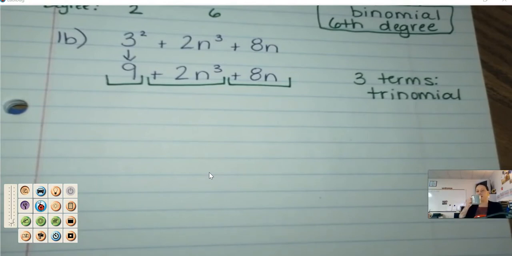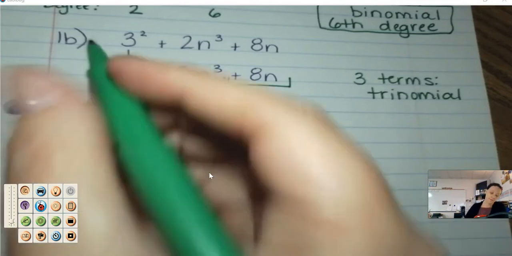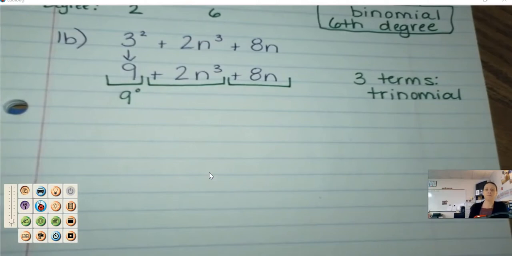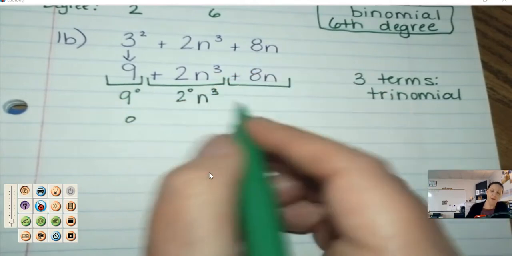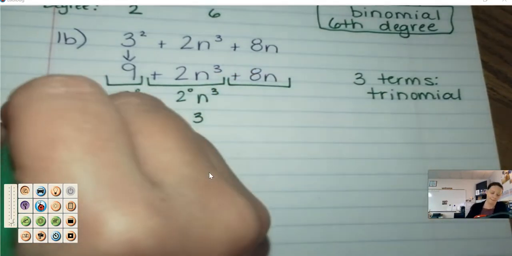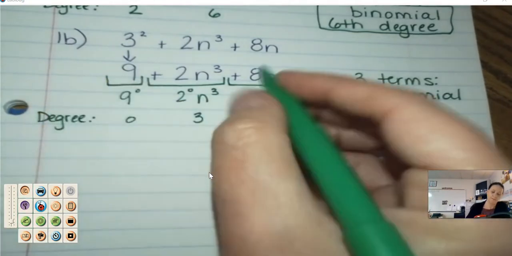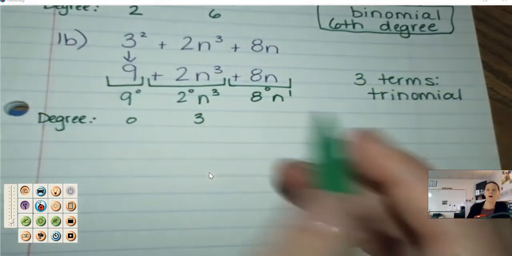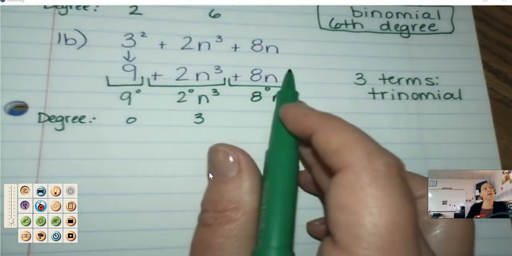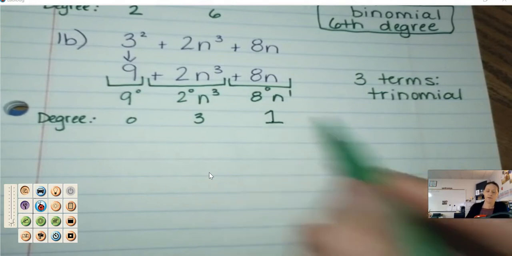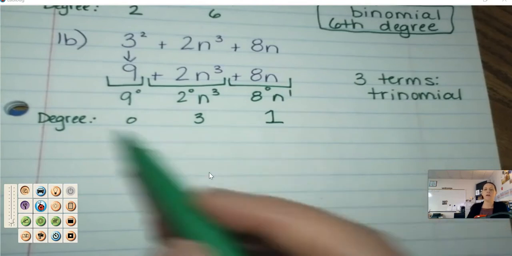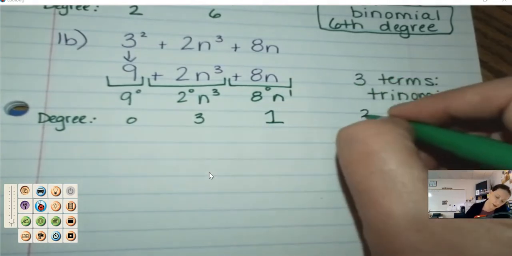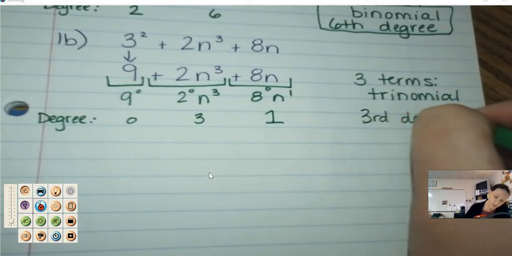Okay, then I have to figure out the degrees. 9 has a degree of 0. 2 has a 0 on it, n has a 3 on it, 0 plus 3, this has a degree of 3. 8 has a 0 on it, n has a 1 on it. Remember the variable has a 1 on it. So that has a degree of 1. Because your letter n really has a 1 in there. Okay, you take the biggest one, it's 3, so this is a 3rd degree trinomial.